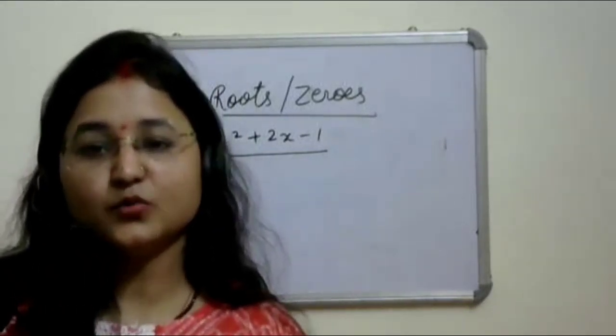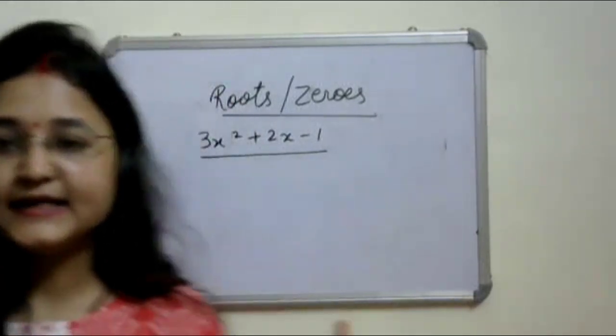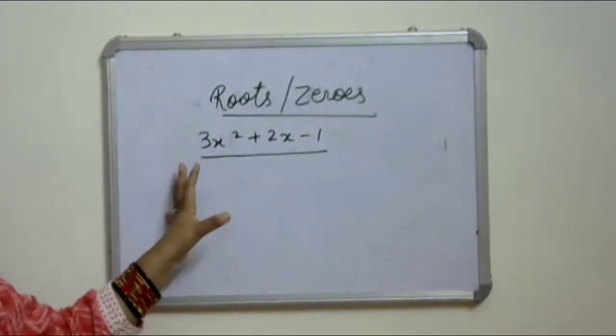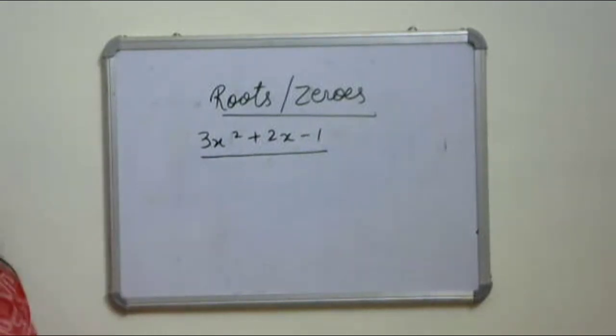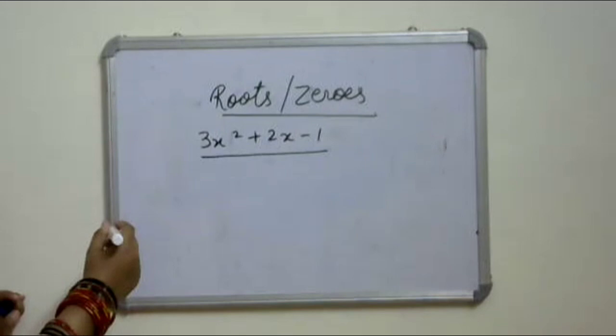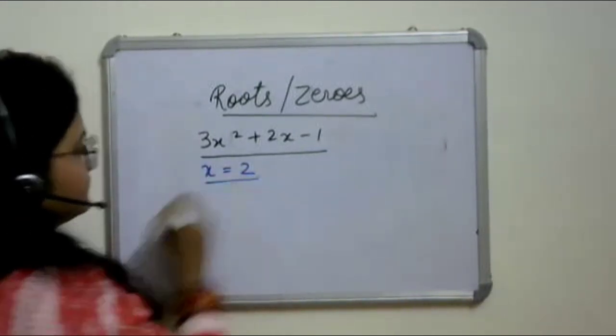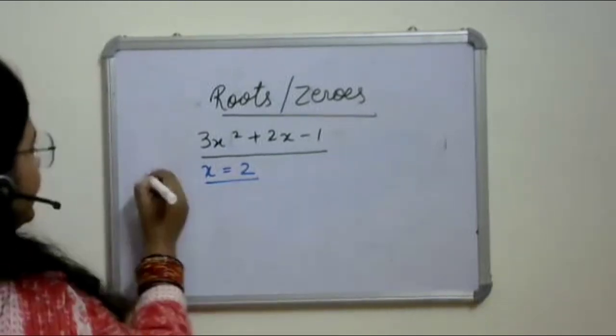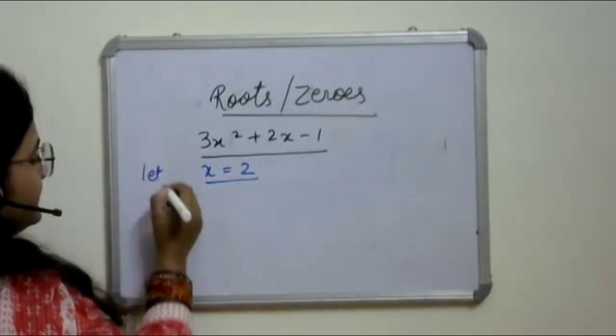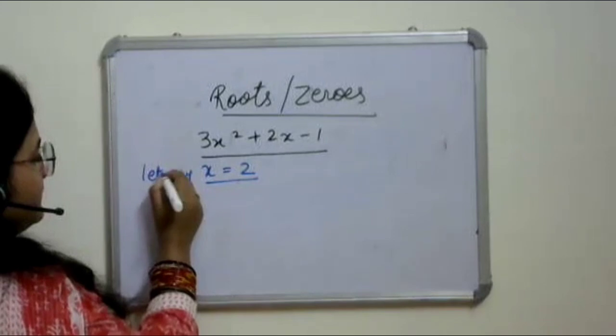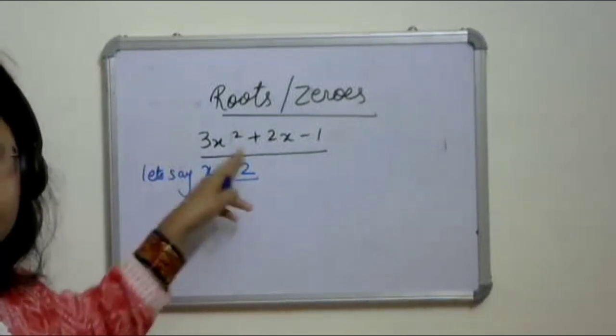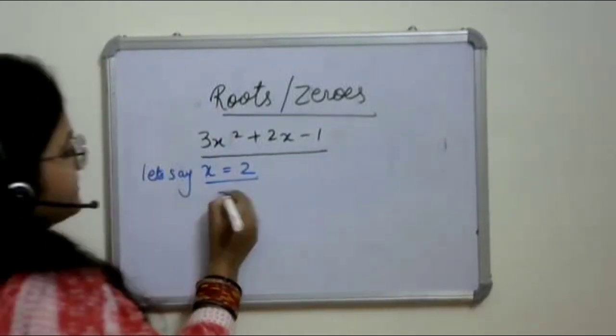Now, let's find out what is the meaning of root. Let us consider the value of x here is 2. Let's take any random value you can take. Now, x equals to 2, substitute the value of x in the given equation.